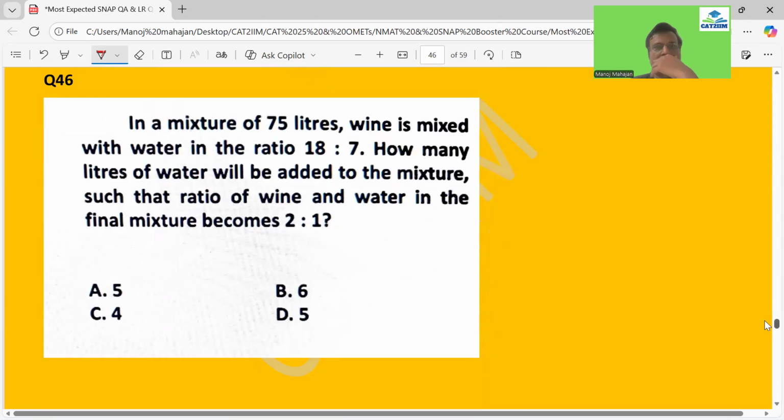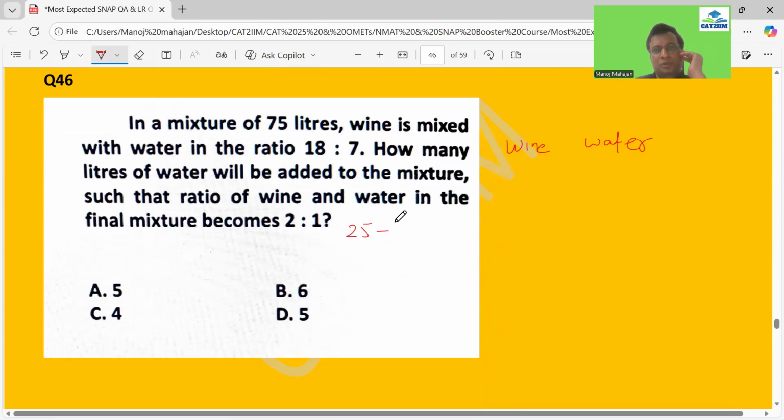Okay, such a question you can do with ease. Just focus on what has not been added, right? So over here, the water has been added, so the wine would remain the same. Let's calculate first how much wine and how much water we have. So it's 18 is to 7. 18 plus 7 is 25.